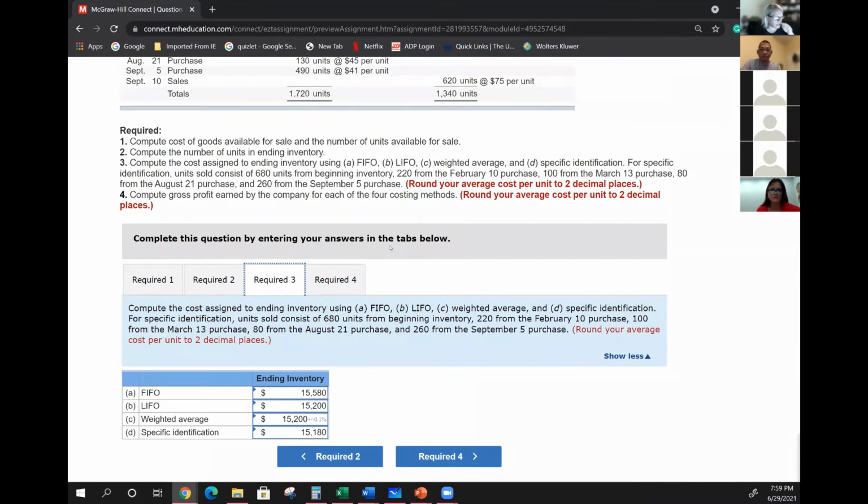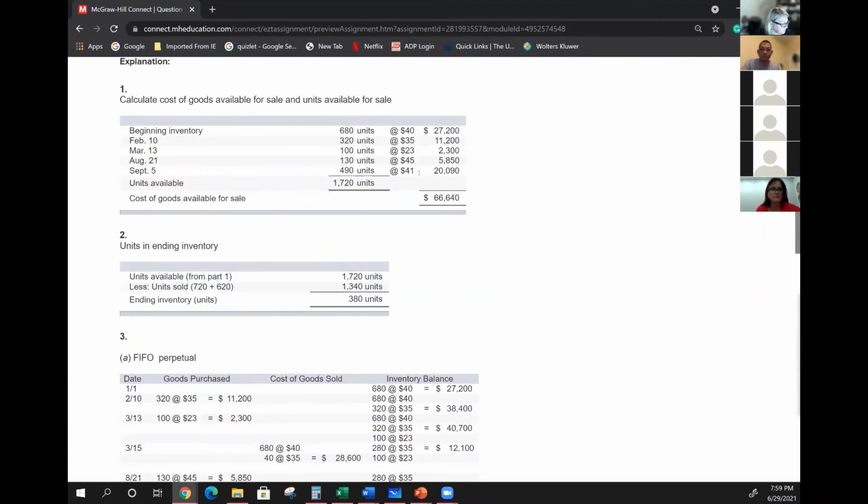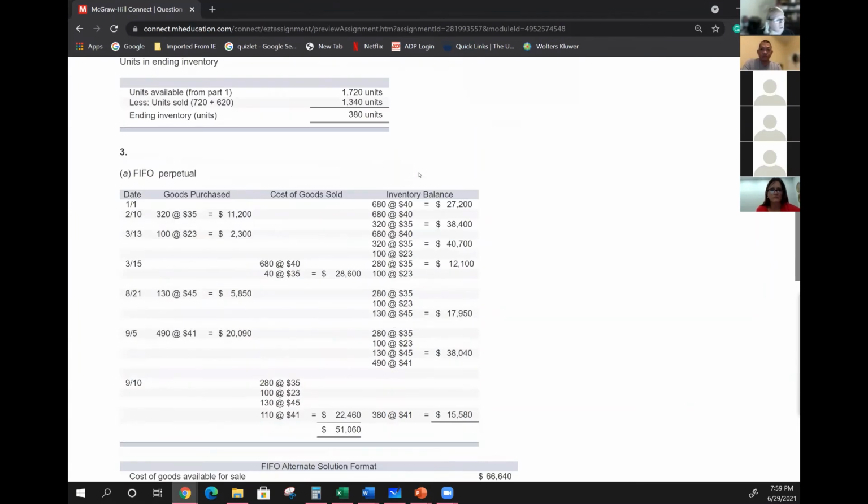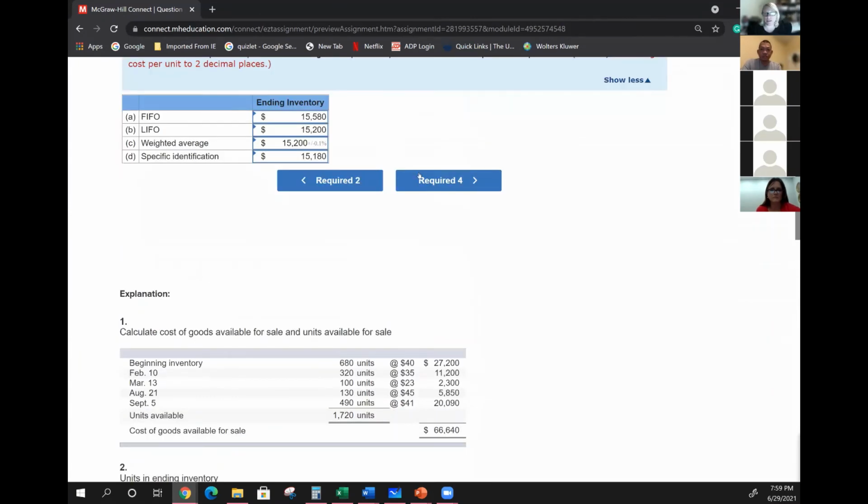Since you know you're using first in, first out, and they're looking for your ending inventory, you know I have 380 units left in the end. If I'm using FIFO, I know that I'm selling all that beginning stuff. So when I'm trying to figure the ending inventory, just back into that last batch, because you know that's what you're going to have left. Inventory is 380, then I would just automatically take it from the $41. Yep. Okay. Because you know that you sold everything that was in first.